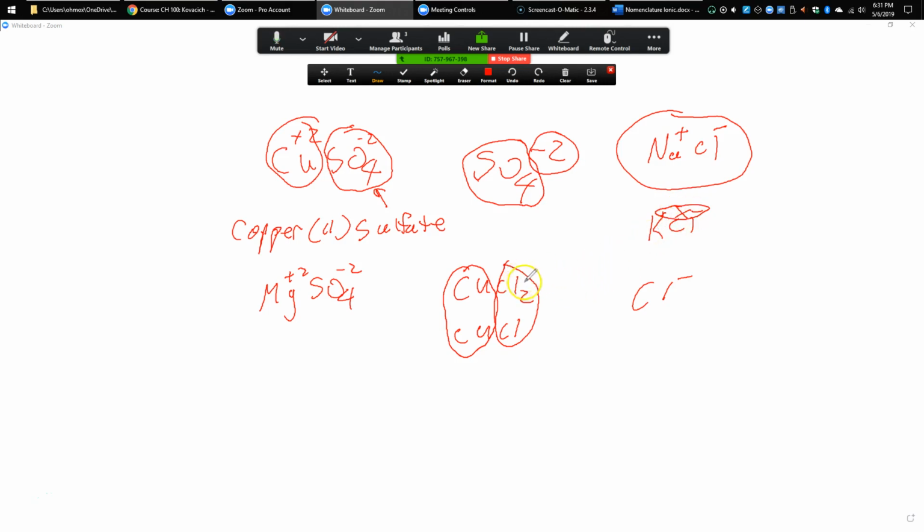So how many negative ones are here? 2. Okay, so that means that's -2 total. So what does this copper have to be? +2. So this copper is a +2, and each of these chlorines is a -1.